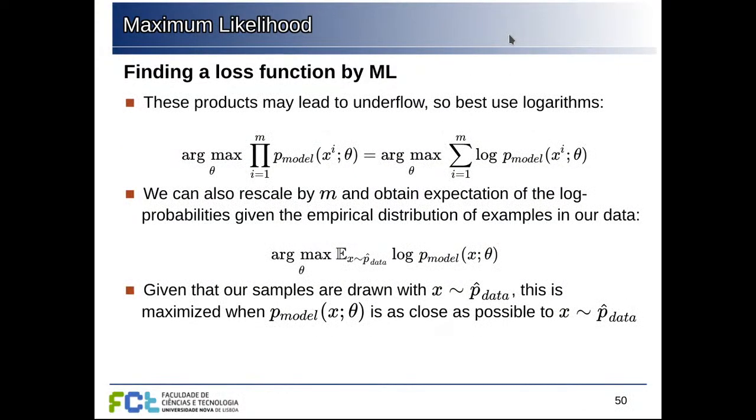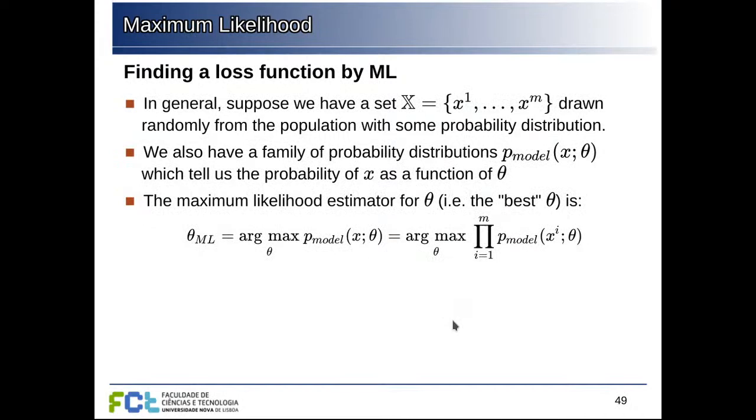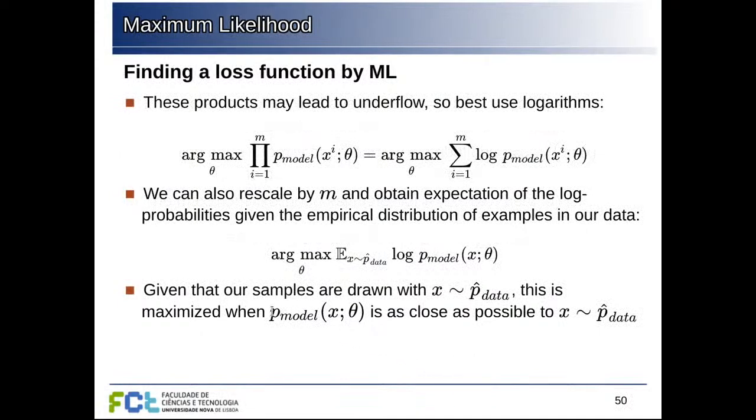And intuitively we can think that if the data is drawn from the universe with some probability distribution, then we can maximize the estimated probability on our model, so this that we're trying to maximize here, if the probability distribution of our model given those parameters that we set is as close as possible to the distribution with which we obtained the data. So basically we want our model to match the data as well as possible.